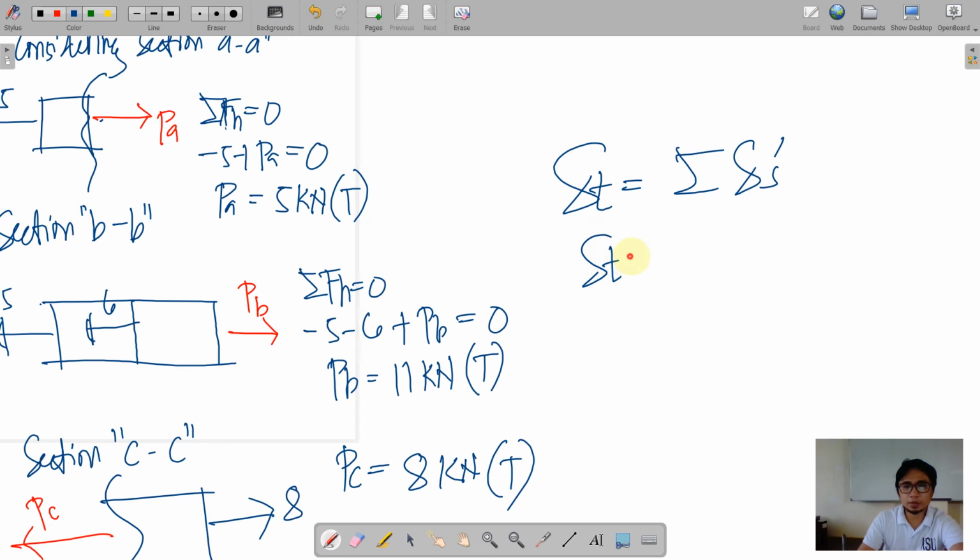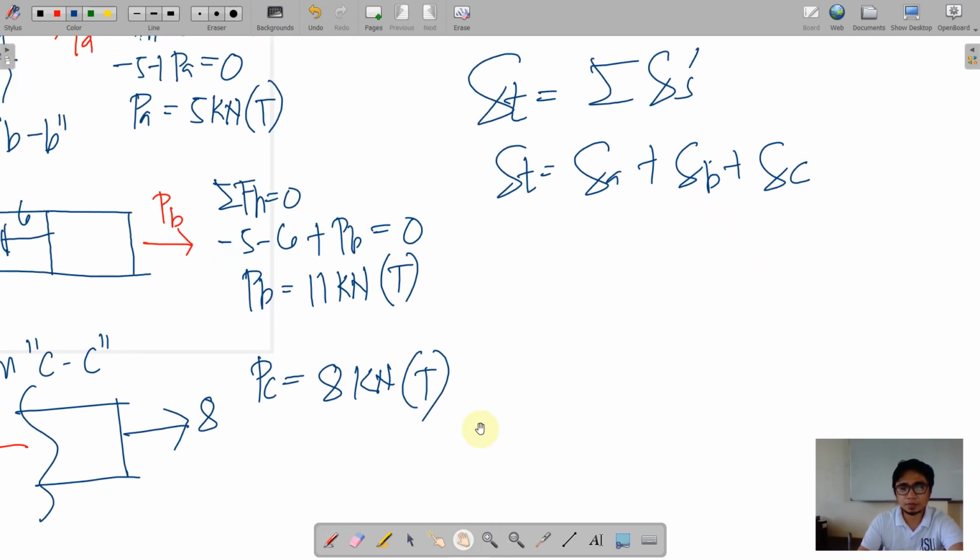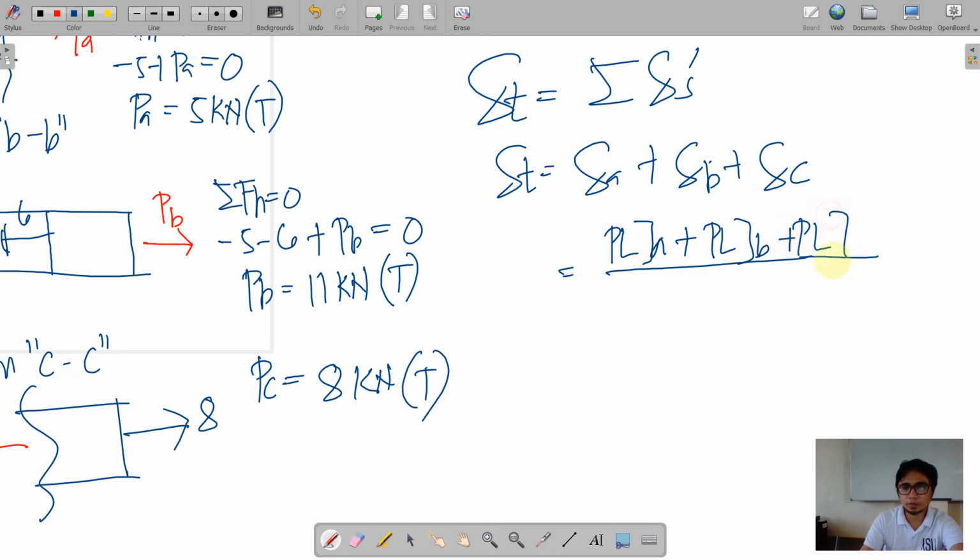So the delta total is equal to delta A plus delta B plus delta C. We have PL for A plus PL for B and PL for C. So note that all of the operations here are positive because again we do not have any compressive forces.